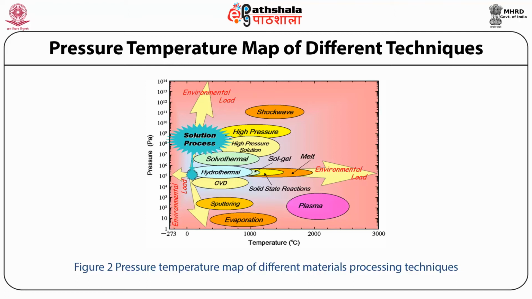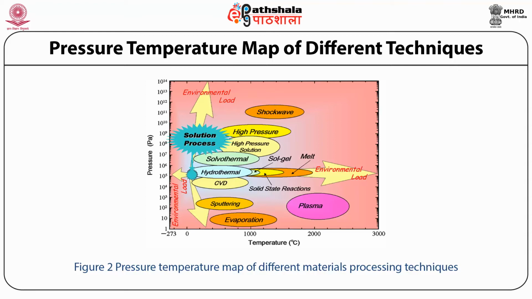We can see that a process like evaporation undergoes processing at low pressures and a temperature of around 1000 degrees centigrade, whereas sputtering takes place at slightly higher pressures but at lower temperatures. Plasma formation takes place at a very high temperature of around 2000 degrees centigrade.